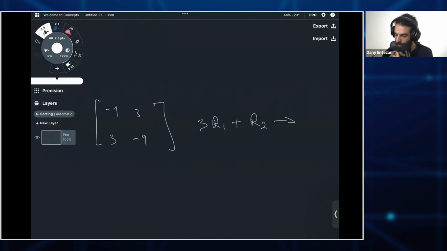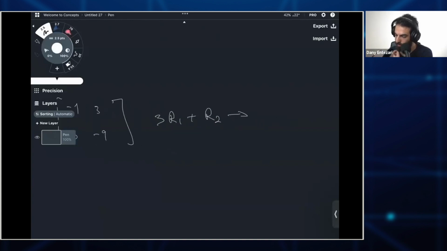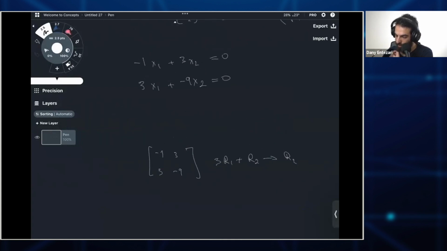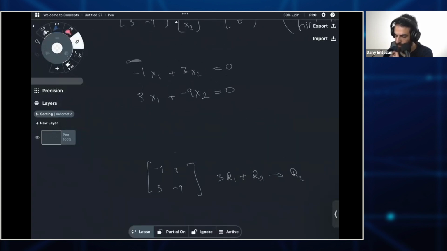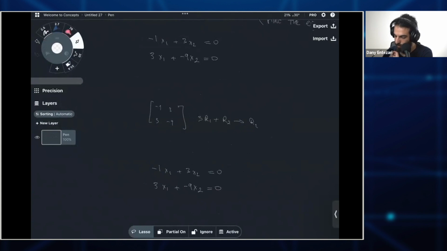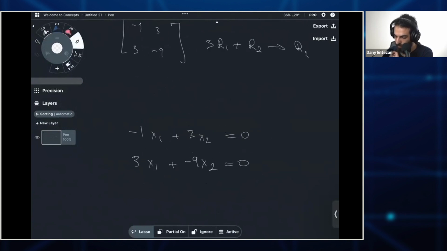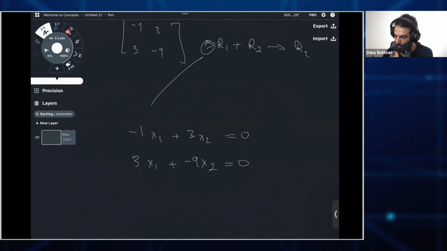And the result of this we will override, or put inside R2. Okay, so what we are doing is this operation. Multiply 3 times negative 1. The 3 we will apply to all the terms in this equation.